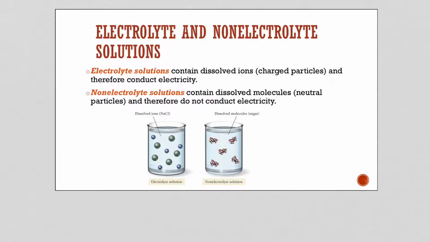And remember, the distinction here is that an electrolyte solution contains dissolved ions, so principally this means that we've dissolved an ionic compound, and therefore will conduct electricity, whereas a non-electrolyte solution will contain dissolved molecules, neutral particles, something like dissolving sugar in water. And these will not conduct electricity. So we have electrolyte, which will conduct electricity, and non-electrolyte, which does not.